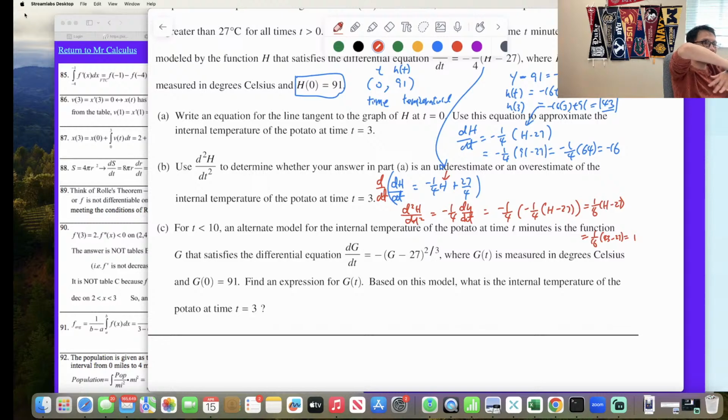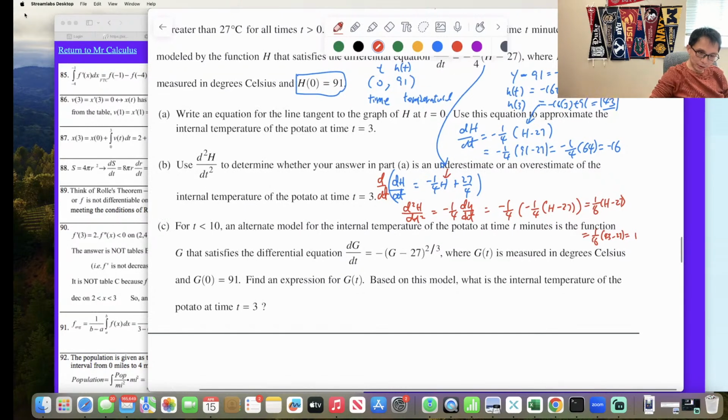So it's an underestimate because d2h/dt2 is greater than 0, so it's concave up. That's why it's an underestimation. Your tangent line is going to be below.